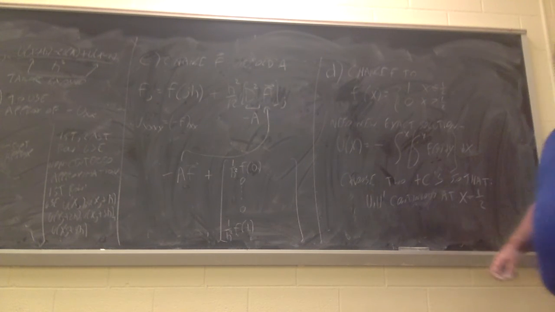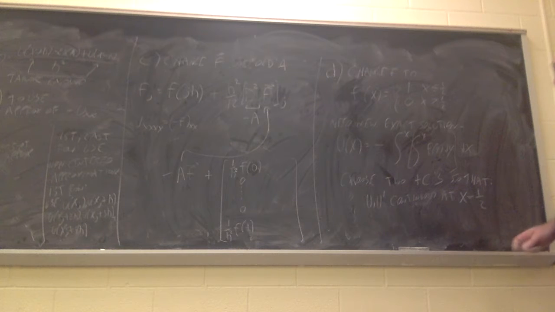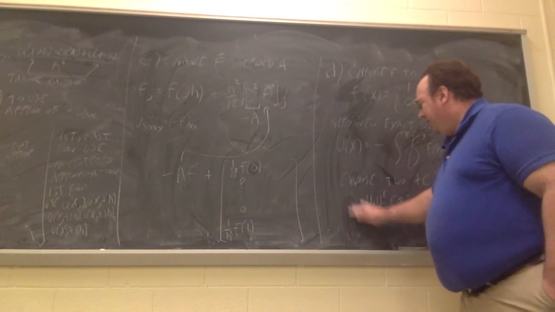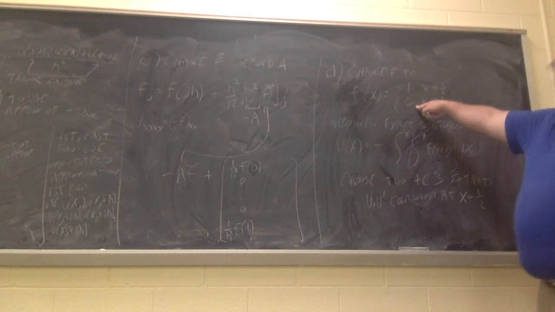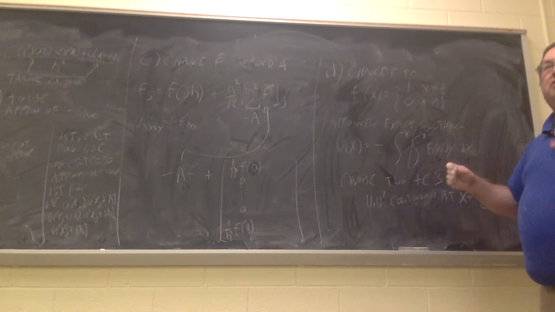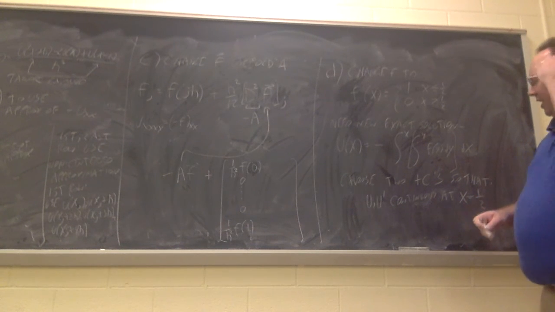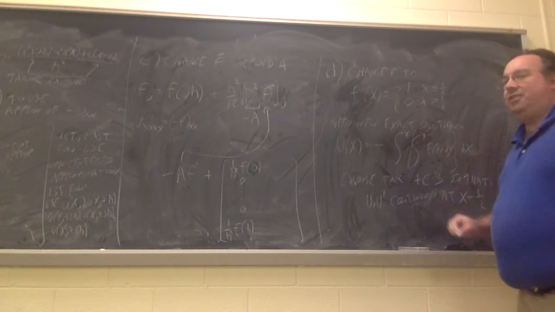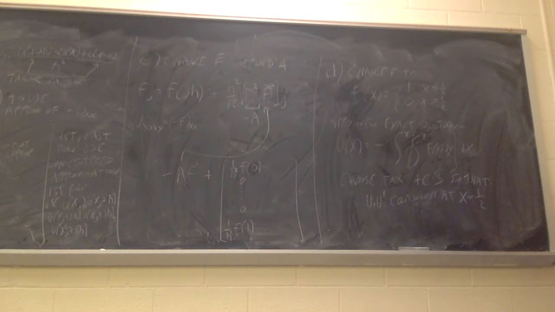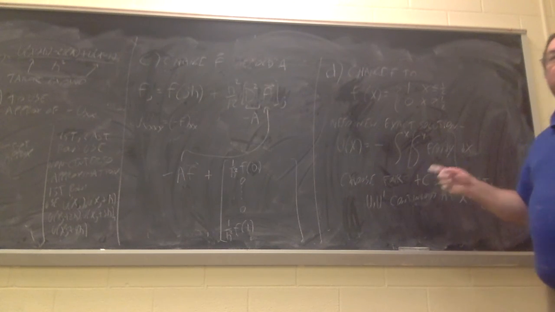Oh, okay, yeah. At first I was thinking I got too many conditions here, but you're actually not going to have 2 plus c's, you're going to have 4 of them. 2 from here, 2 from here, because you have to do each piece separately. So to make the solution unique, I have to impose 4 conditions.